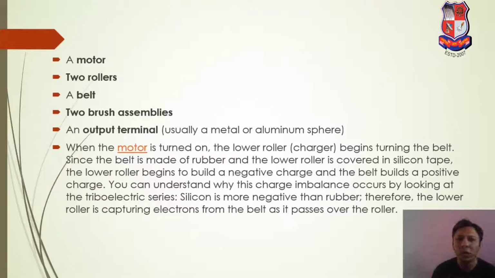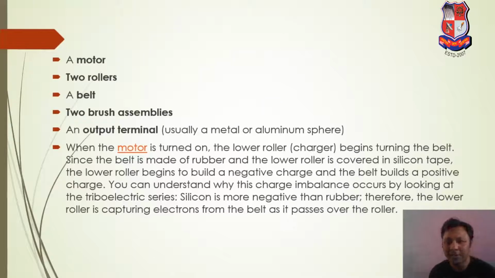Motor, two rollers, belt, two brush assemblies, and the output terminal. When the motor is turned on, the lower roller turns the belt. The belt is made of rubber, and the lower roller is covered in silicon tape. Look, the main purpose is that the roller is rubbed on a negatively charged material.